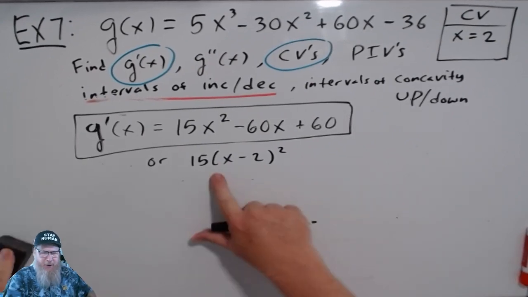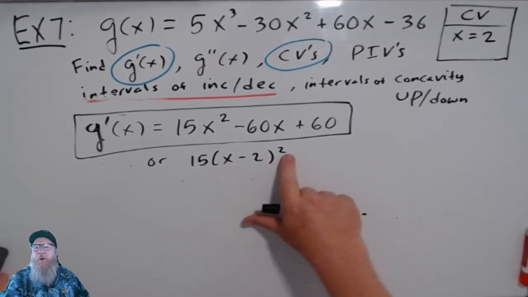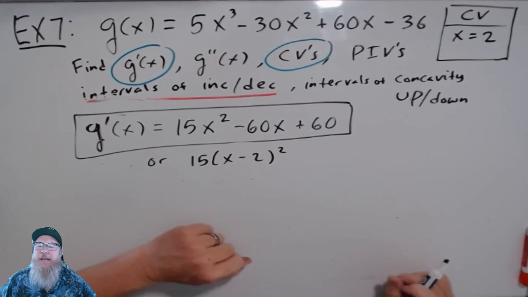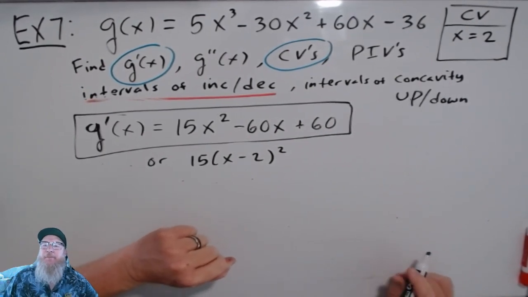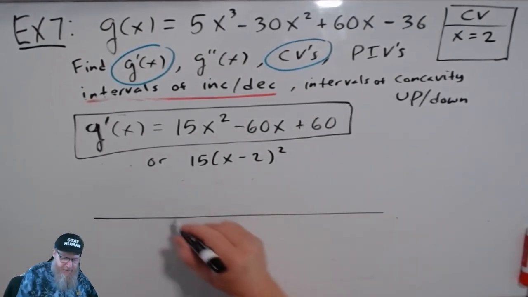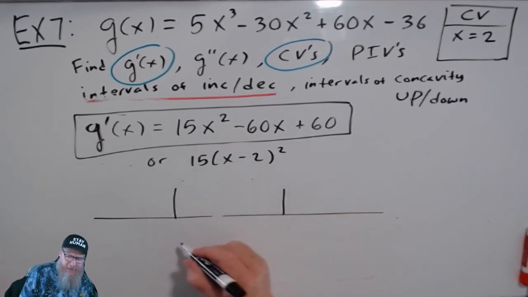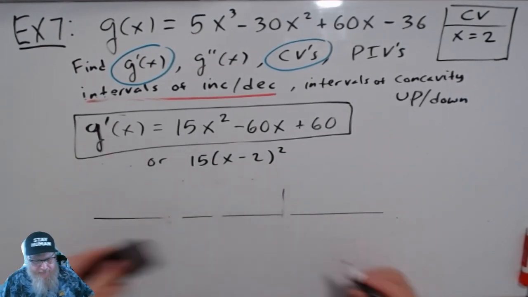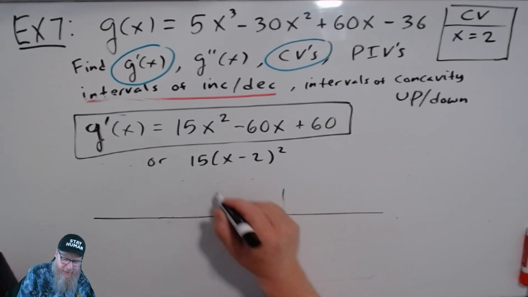Notice I rewrote it as 15(x minus 2) squared because we had two copies of the same factor. So when we're doing our first derivative test, there's only one partition number or one critical value.